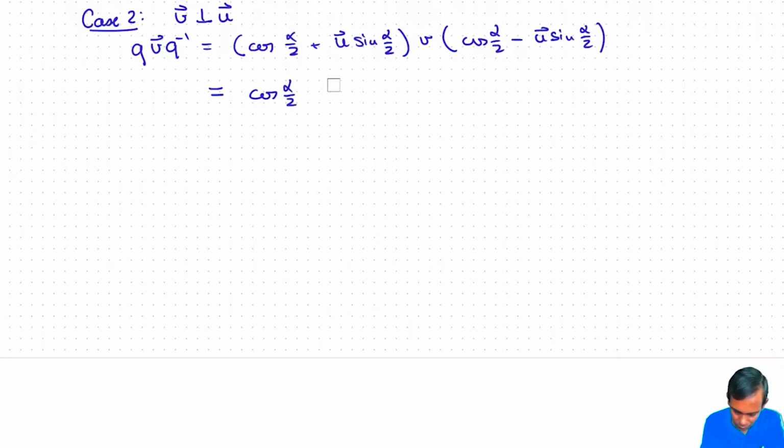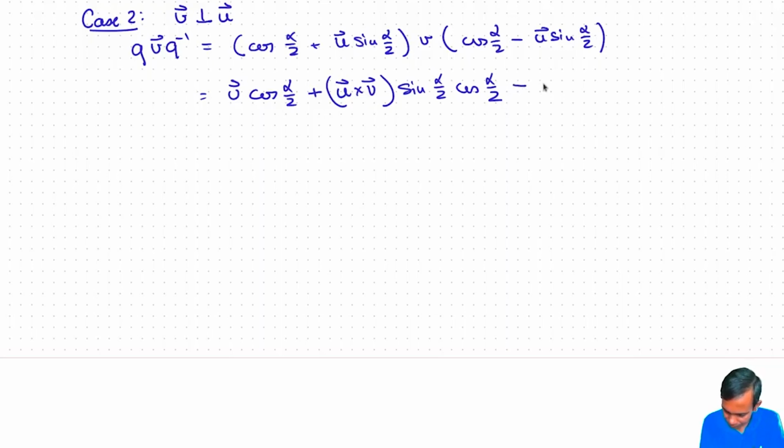Let me write it as v cos alpha by 2, and u cross v sine alpha by 2 cos alpha by 2, minus u dot v, but u is perpendicular to v, so that term will go away.